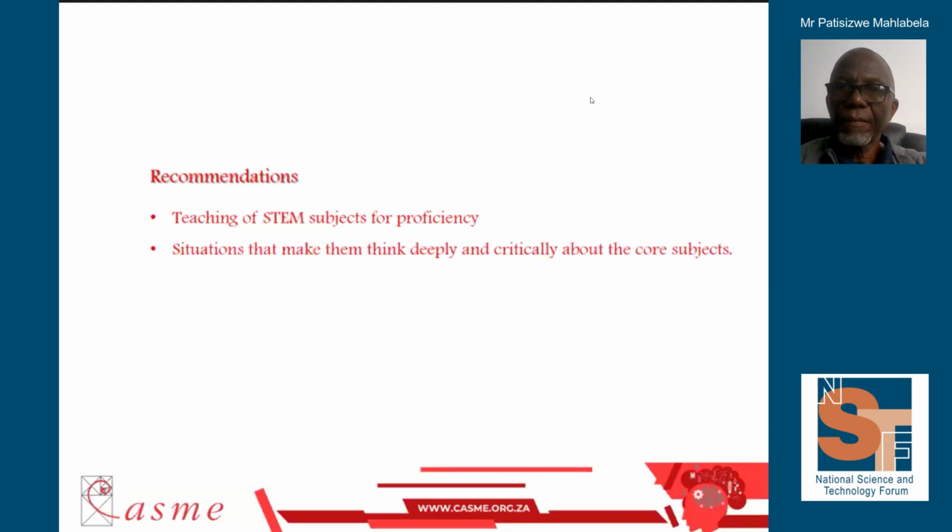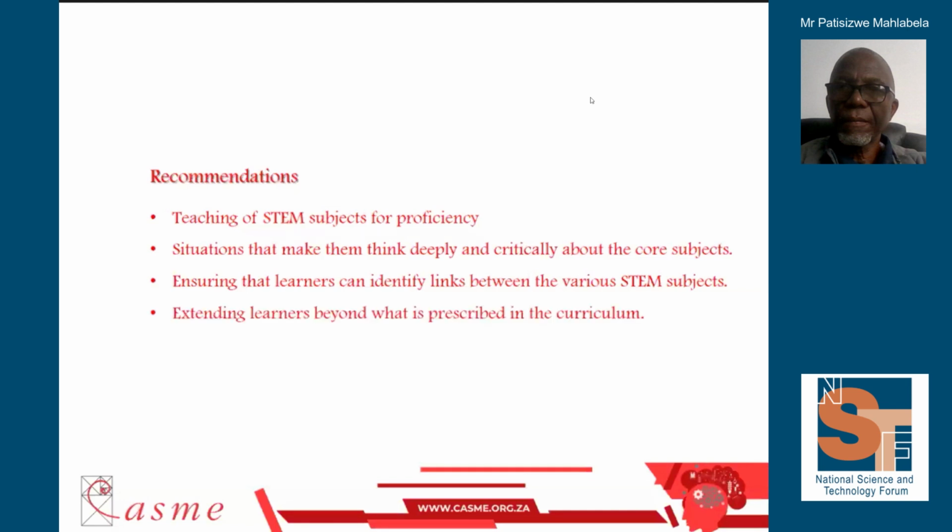So we recommend that people find situations that make learners think deeply and critically about the core subjects that they are doing. They think deeply about the math they are doing, and they think deeply about the science that they learn. We must also ensure that learners can identify links between various STEM subjects. They don't see them as self-standing, but they know that these subjects have overlaps.